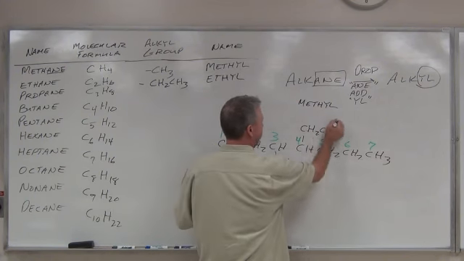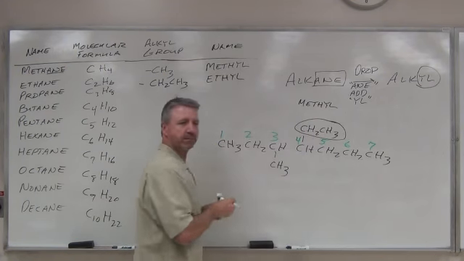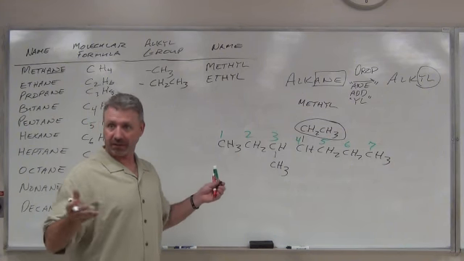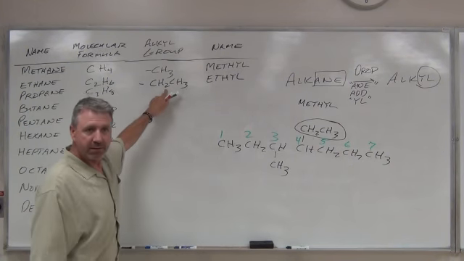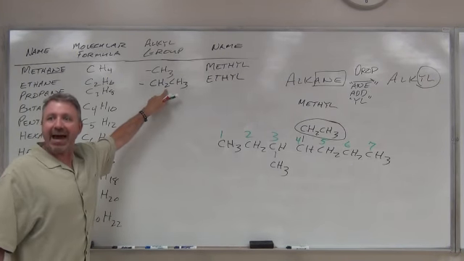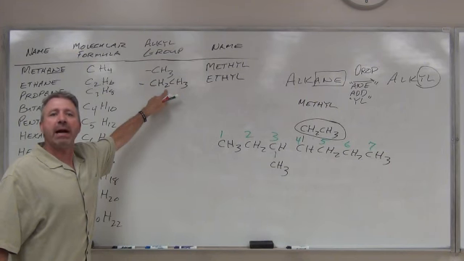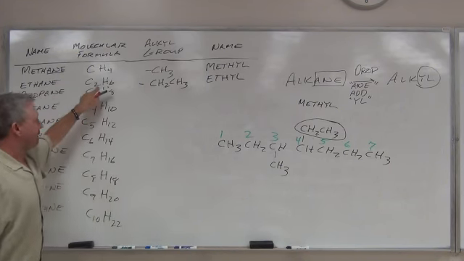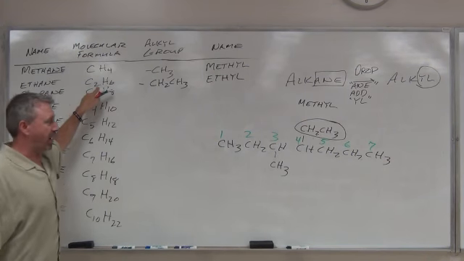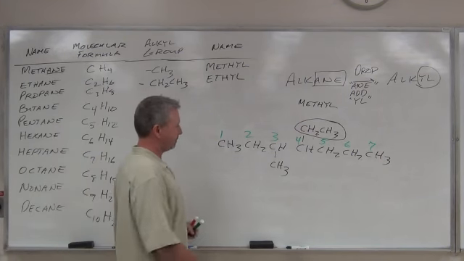What do I have? What is that? Ethyl. It's ethyl. It's ethane minus 1 hydrogen, C2H5.